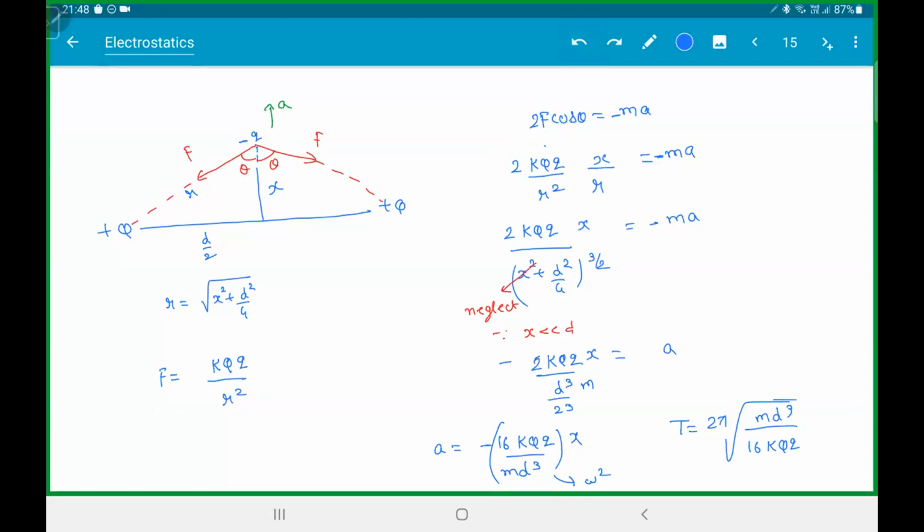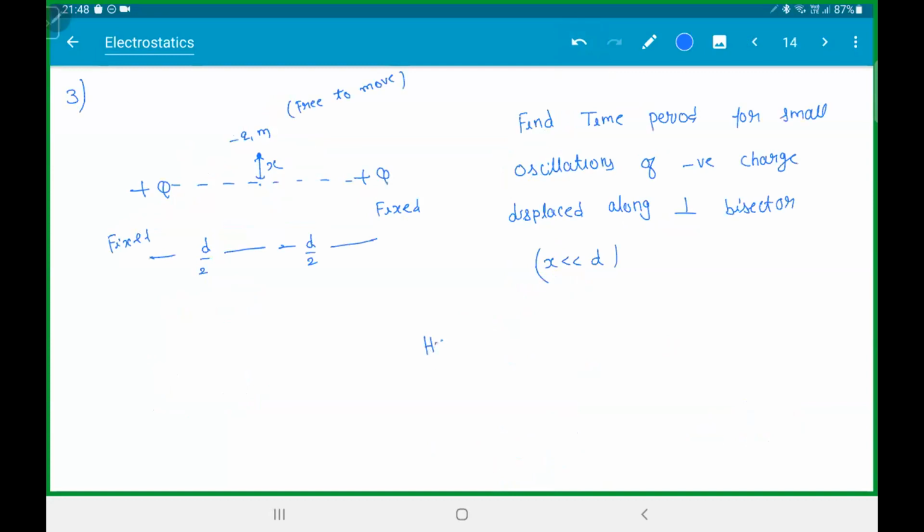Here I'll give a homework problem. Try. Same question. What will you do if it is plus q, and this is a plus q and m, and you displace this way by x? Positive charge, because it will get repelled, it will get pushed back.